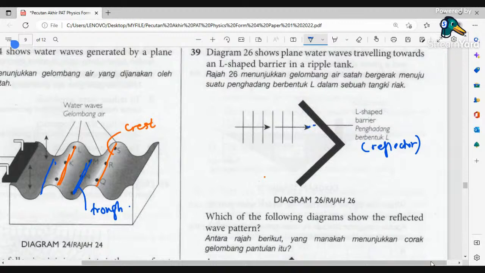Okay, sampai sini draw normal line dulu. Normal line 90 degrees to reflector. Angle I kat sini. So reflect at same angle I, so same angle R.